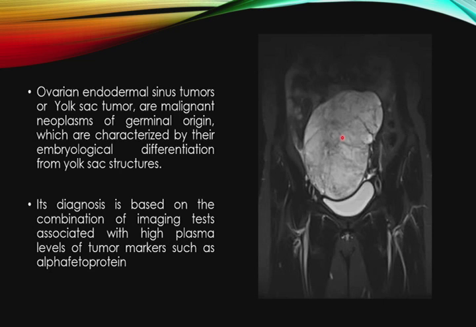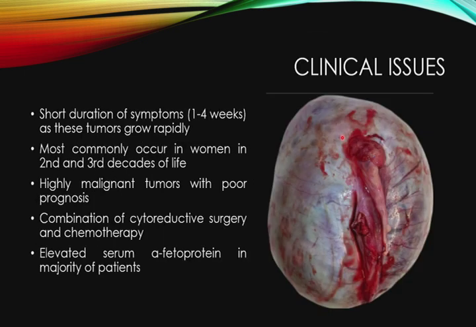These tumors are very infrequent, of rapid growth, and tend to develop in adolescent and young women of reproductive age. Symptoms are of short duration, one to four weeks, as the tumor grows rapidly, most commonly occurring in women in the second and third decades of life.